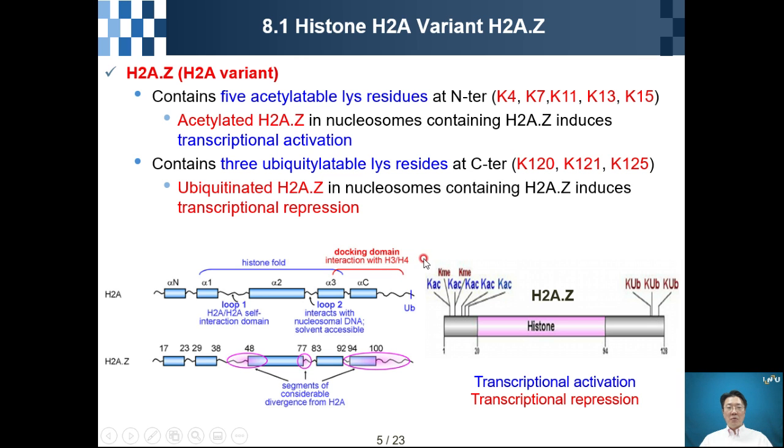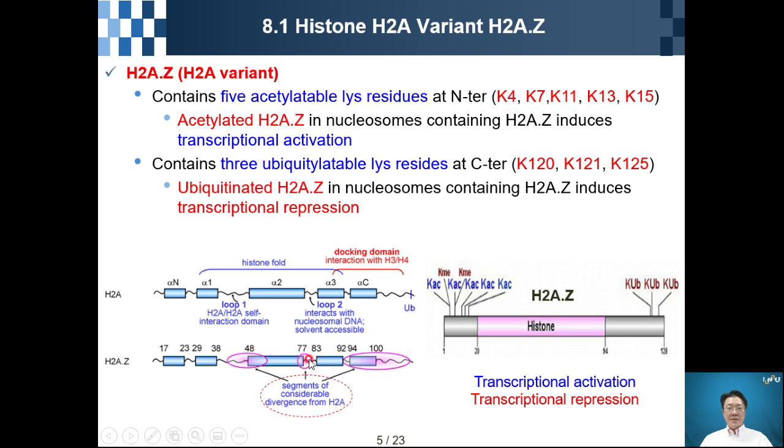This docking domain interacts with the H3-H4 tetramer. Okay, and also this is the H2AZ structure. So especially this segment, okay, this segment is a segment of considerable divergence from H2A.